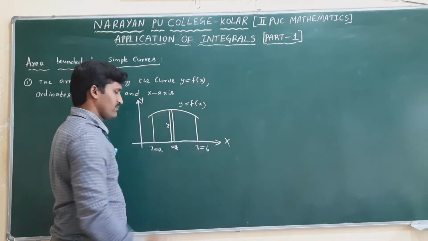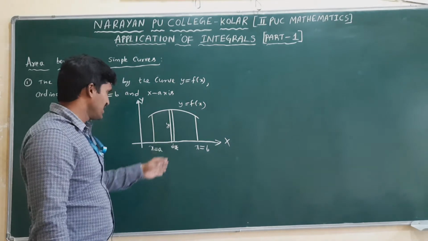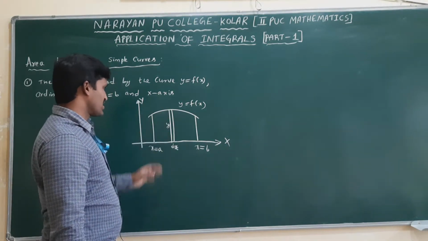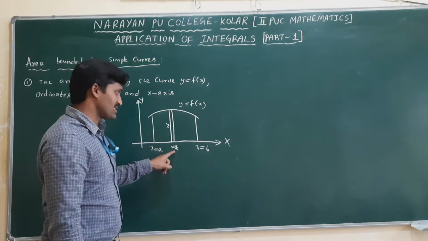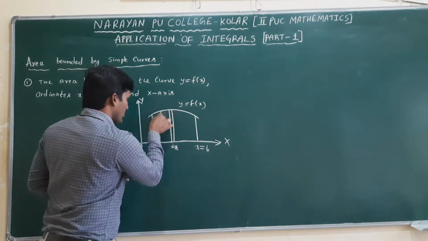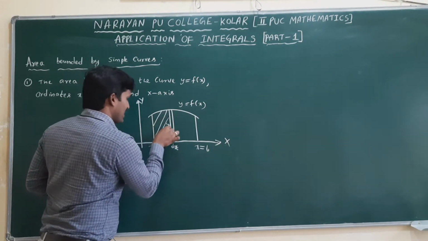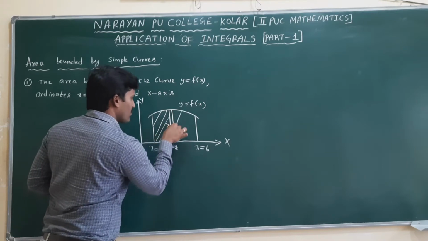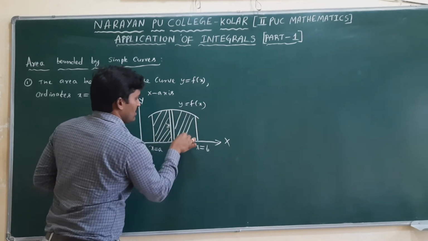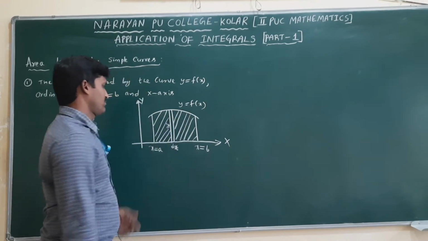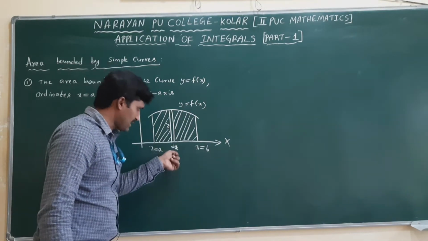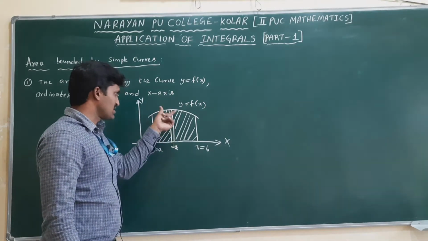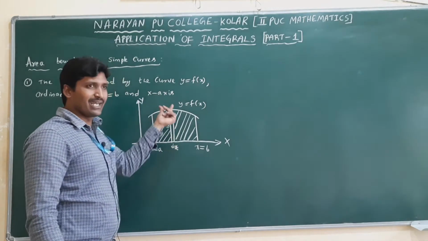This strip is vertical because it is parallel to the y axis, and its height we generally take as y. So y dx, with the limitations you are taking, is clearly a vertical strip. This is the area we need to find, that means integral a to b y dx. This y dx is the vertical strip height of the area region.